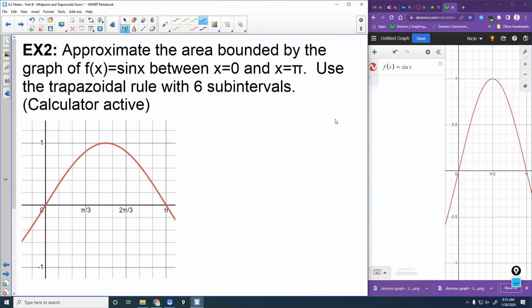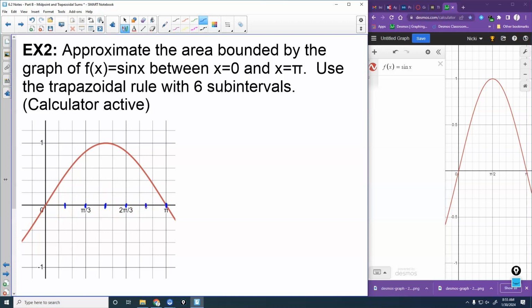So if we're going from 0 to pi, then we are going to, oh gosh, this didn't put this quite like I wanted it. Right here is pi over 3 and 2 pi over 3. We need halfway between that, which did not go on a grid line.